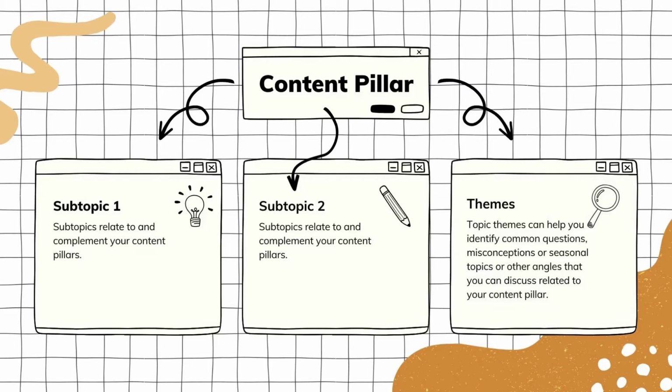So here's an example. You have your content pillars, and then from your content pillars, you have subtopics. As an example, take the wellness coach, or a nutritionist, for example.